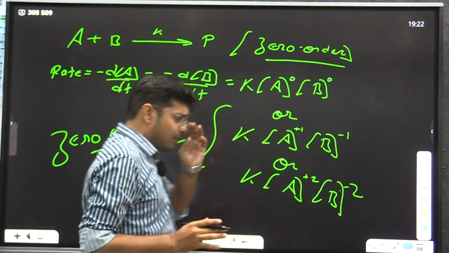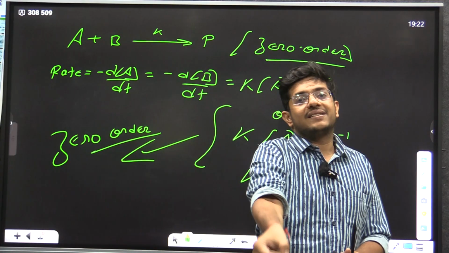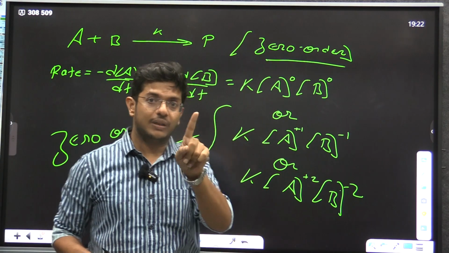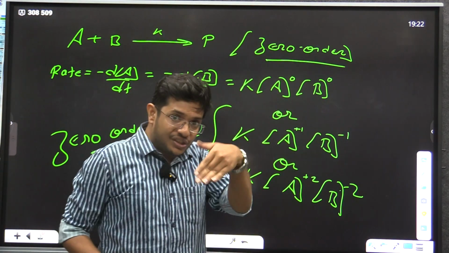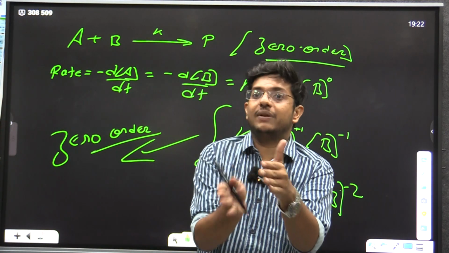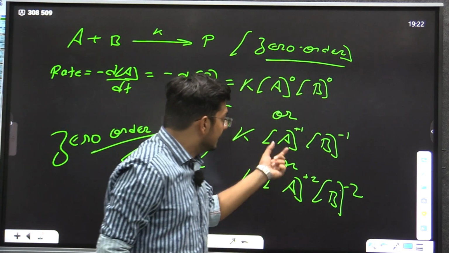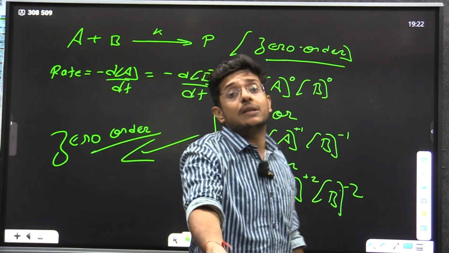Then what is the meaning of zero order? Again, zero order says the rate of the reaction is independent of the concentration of the reactants. That means the overall reaction should be zero order if someone says the reaction is zero order. However, the reactants must have their own initial concentrations.